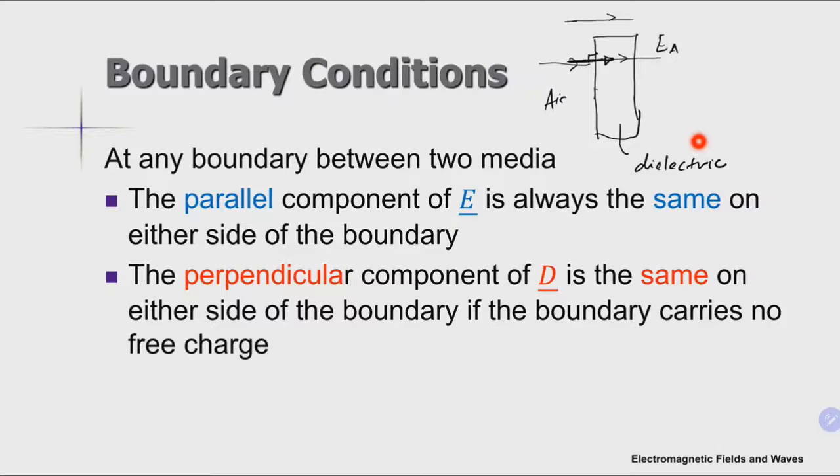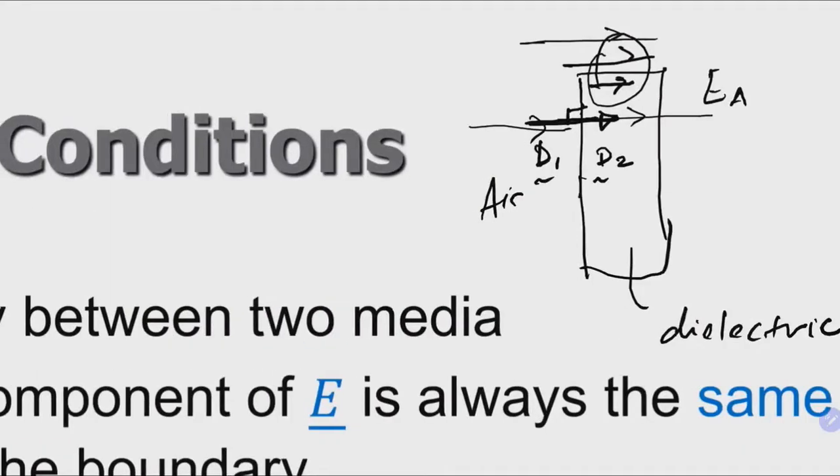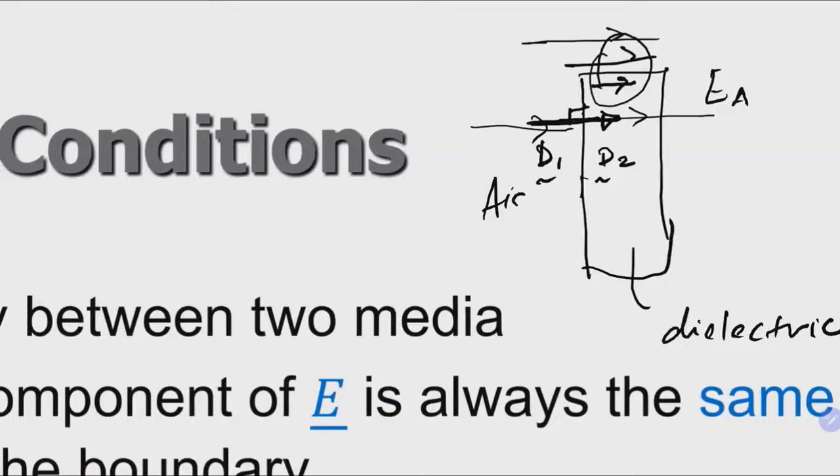Here we say that for the perpendicular component, the electric flux density is the same, meaning D1 and D2 are the same in this scenario. On the top here, if you look at the surface, the field is parallel to the boundary.